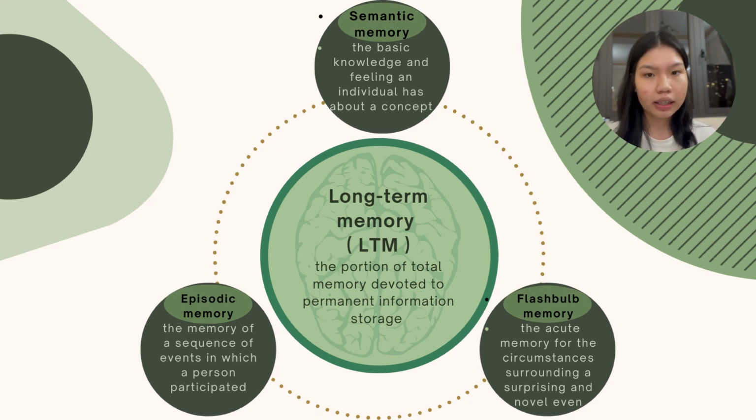The second one is episodic memory, which is the memory of a sequence of events in which a person has participated in the past. And the last one is flashbulb memory, which is the acute memory for the circumstances surrounding a surprising and novel event, like when you hear about the 11th of September, you will immediately recall the terrorist attack.